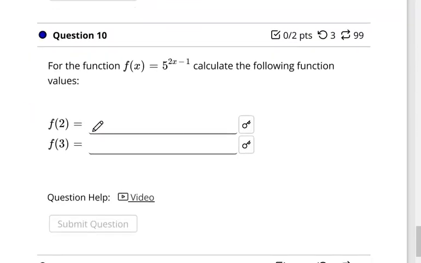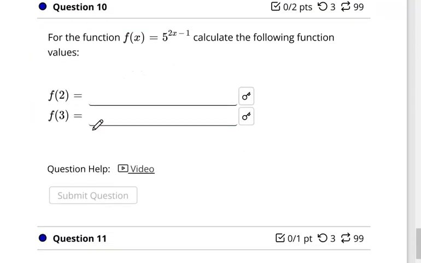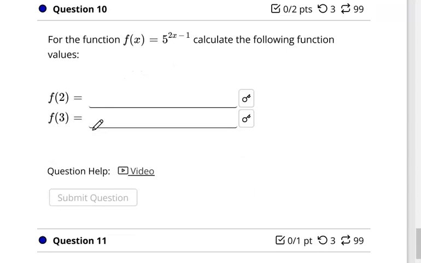Alright, now we're getting another exponential. Here f of x is some power of x. Don't worry, all we do is wherever we see an x, replace it with a 2. So f of 2 is equal to 5 to the power of, and just to make it clear, I'm going to put all that power in parentheses.